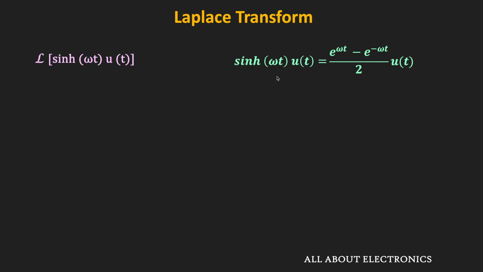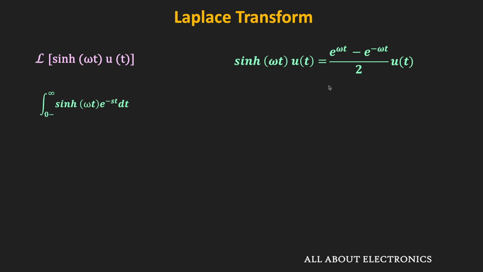And like I said, here this u of t indicates that this function exists only for t greater than or equal to 0. So now, if we find the Laplace transform of the sine hyperbolic function, then it can be given as integration from 0 minus to infinity sine hyperbolic omega t times e to the power minus st times dt.